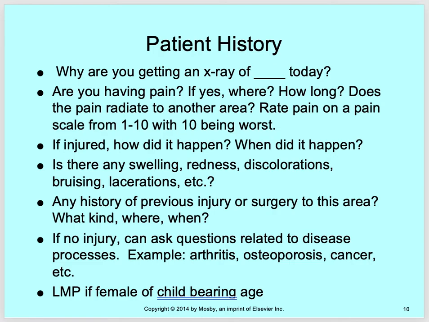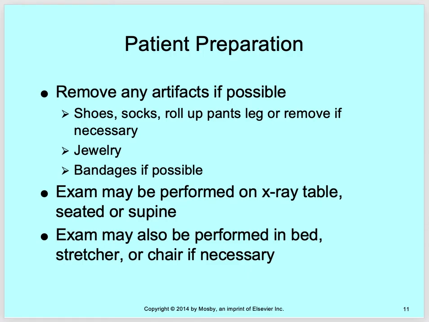If no injury, you always ask, is it possible disease, osteoarthritis, osteoporosis, cancer, etc. And then in female patients of childbearing age, always an LMP, but you're always going to shield as well. So it's not as relevant as if you were doing an abdomen or a pelvic exam. So always ask LMP, when was the first day of your last menstrual cycle?